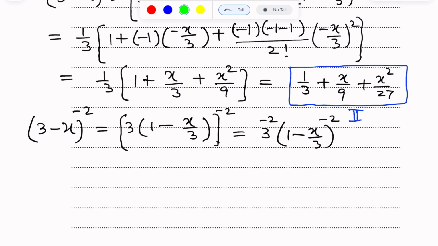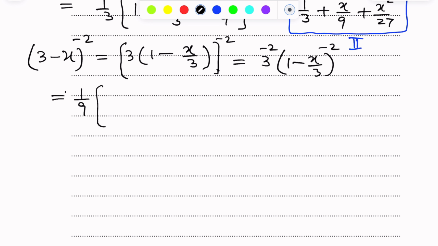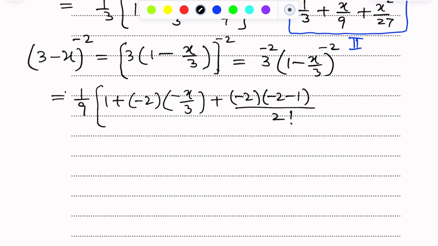We write here 1 over 9. Expanding this using the above formula, 1 plus nx plus n into (n minus 1) over 2 factorial into x square, where x is minus x over 3, whole square.